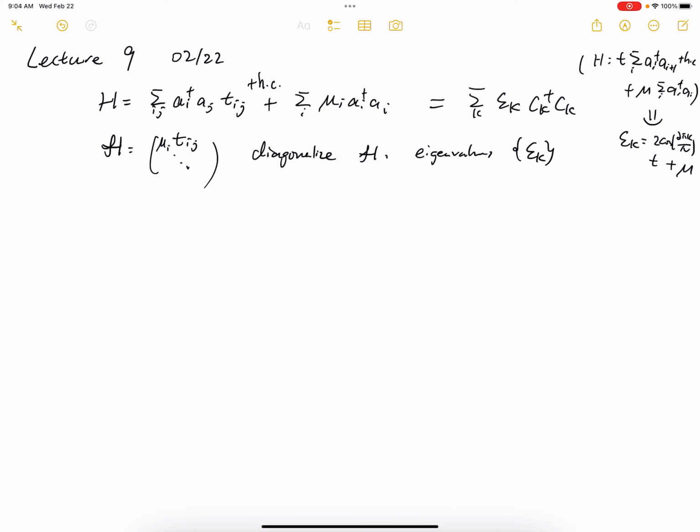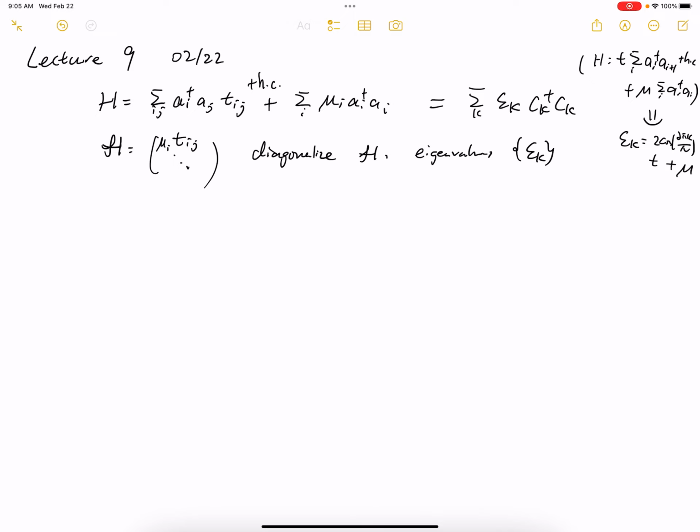And then we talked about some detailed examples of how this is going to affect your ground state. The ground state is the state where all the negative energies are filled with 1 fermion and 0 when the energy epsilon_k is positive. And for bosons, it's actually a lot simpler. If the minimum of epsilon_k is negative, then all the bosons are going to go to the minimum energy mode.